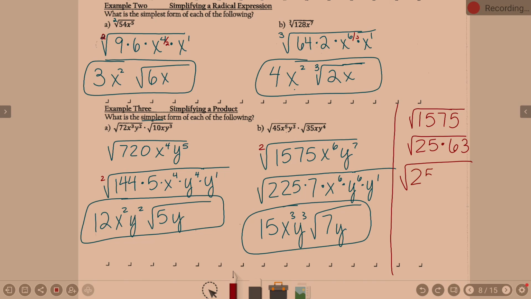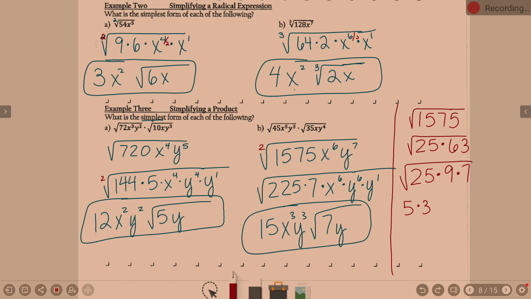So I'm going to keep 25, but what does 63 divide by that's a perfect square? 63 is 9 times 7. I'm moving this along because I know we're going to have to leave soon. Here's the deal. Square root of 25 is 5. Square root of 9 is 3.